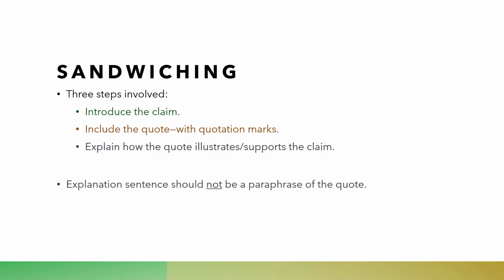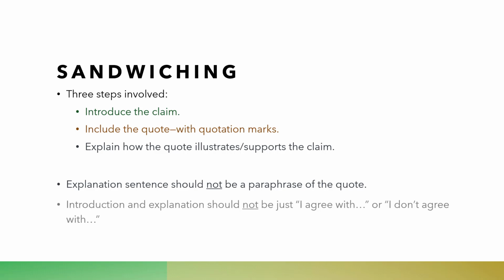Please note that explanation sentences should not be a paraphrase of the quote. If you can paraphrase the quote effectively, you don't need to quote, right? Then you can just give us the main ideas in your own words, and we don't have to go to that speaker of the quote. The introduction and explanation should also not just be "I agree with" or "I don't agree with," right?